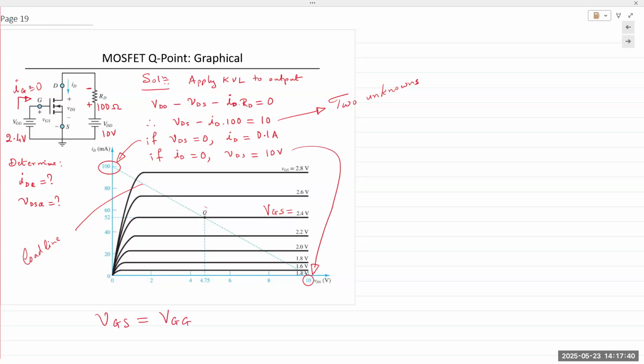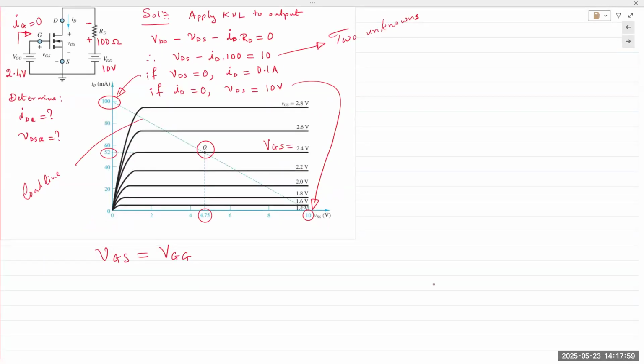And so we can look up that Q point right here. And the coordinates of the Q point give us the values of IDQ and VDSQ.